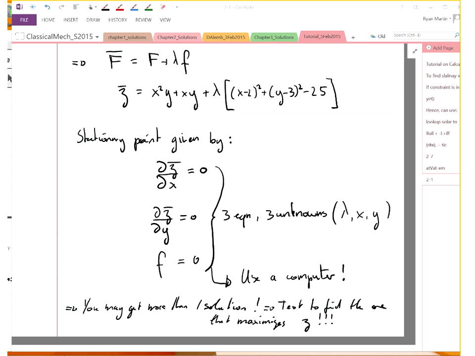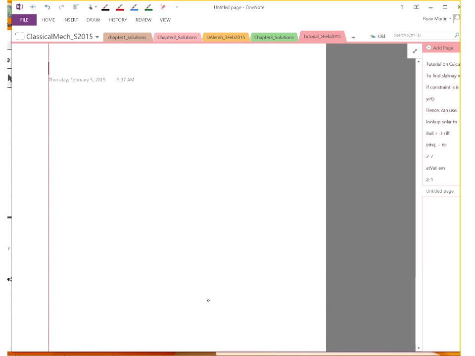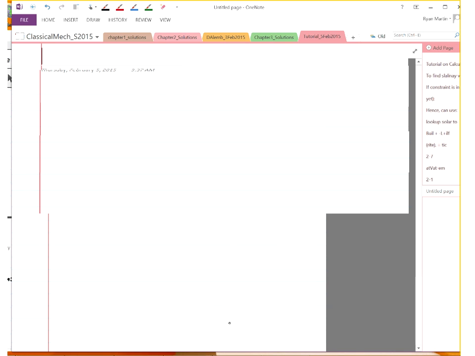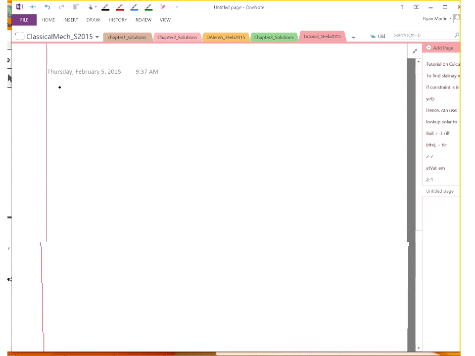Alright, let's have a quick look at problem 2.9. This is another of the typical calculus of variation problems. So problem 2.9, part A, we're asked to find the shape of a curve for a surface of revolution that minimizes the total surface area.